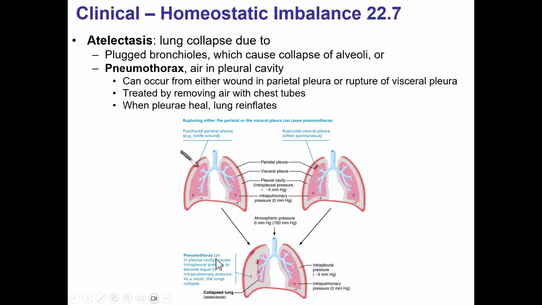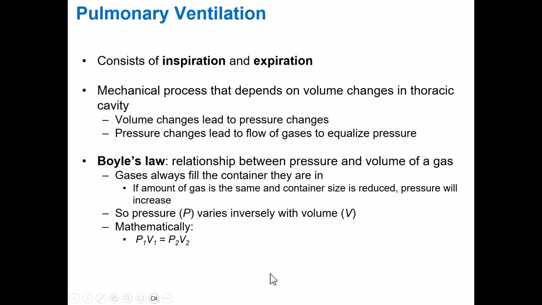There's more air filling up that pleural cavity, pushing down on the walls of the lungs, and that's going to cause the lungs to collapse. So this again is just illustrating that there's multiple compartments in the lungs that we have to consider air pressure, and we want that intrapleural space, we want that air pressure to be lower than it is in the lungs at all times, because if it's not, it's going to cause this issue right here with the lungs collapsing.